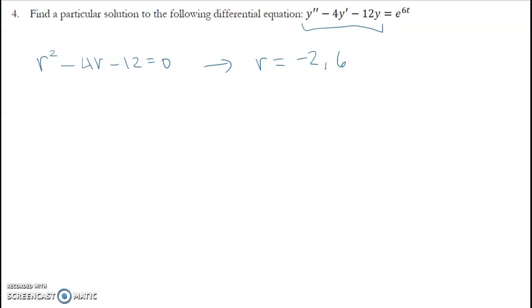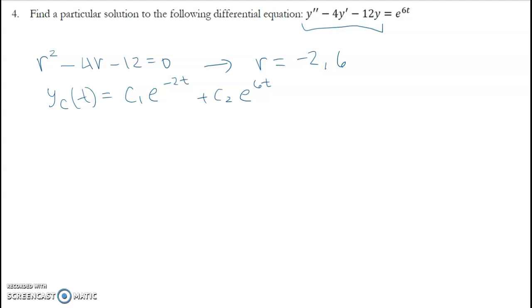So the complementary solution y_c(t) was c1 e to the power of negative 2t plus c2 e to the power of positive 6t.